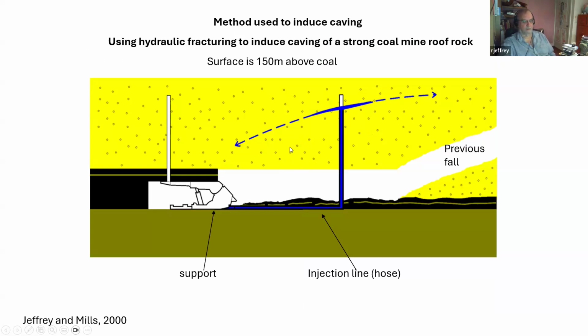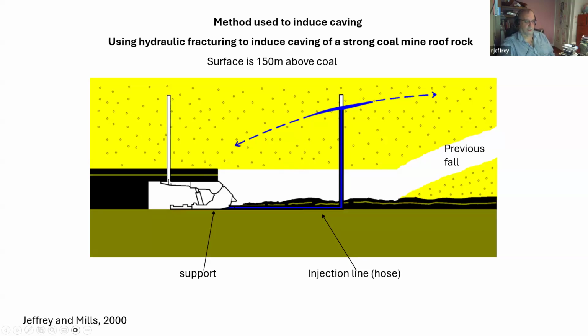And with the mine, we came up with a method of putting fractures into the roof from underground that would induce caving and prevent the wind blast from developing. The mine found that if the hanging up roof was less than about 40 meters, the wind blast was not severe enough to cause them any problem.